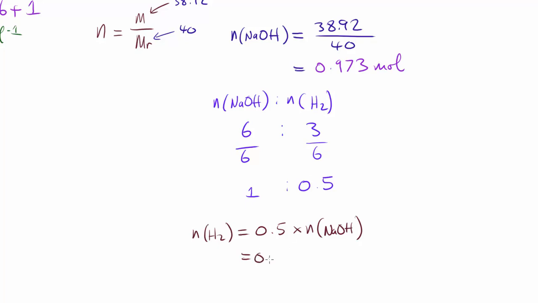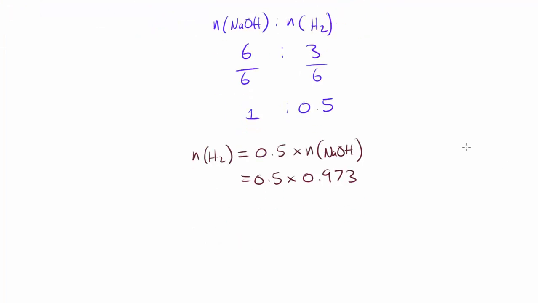So it's going to be 0.5 multiplied by 0.973, right? And if you do work that out, what are you going to get? Well, if you run that calculation, you should find that you get 0.4865 moles.